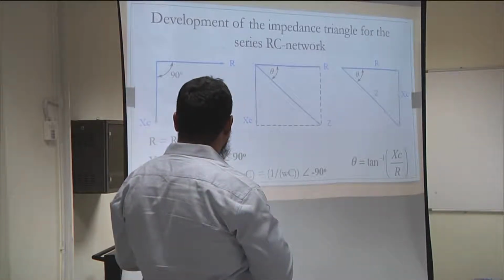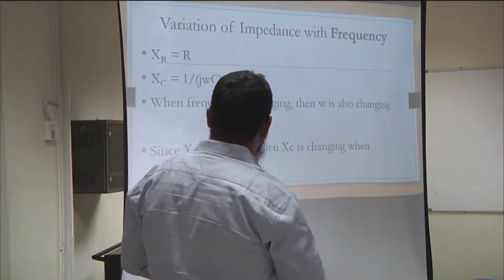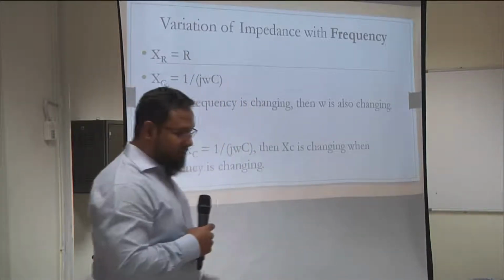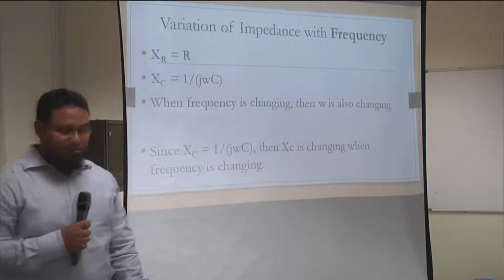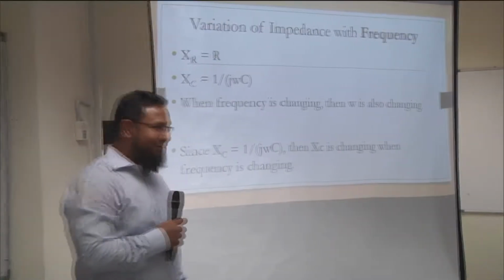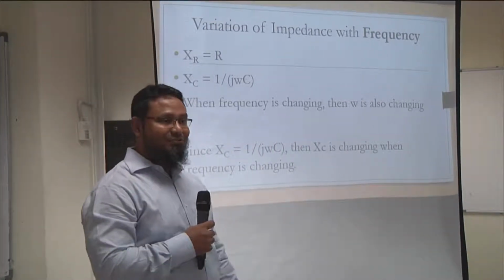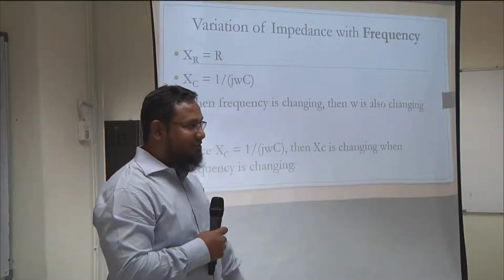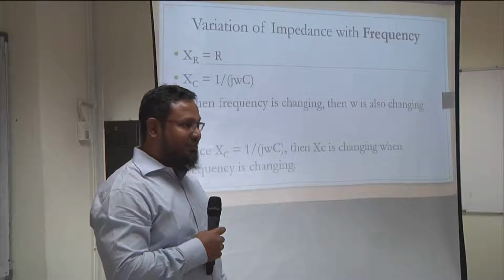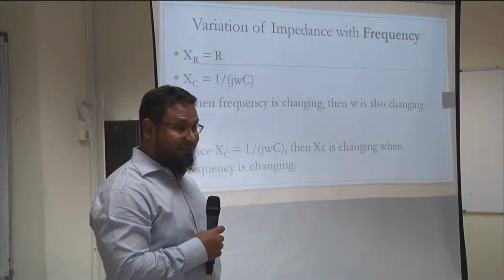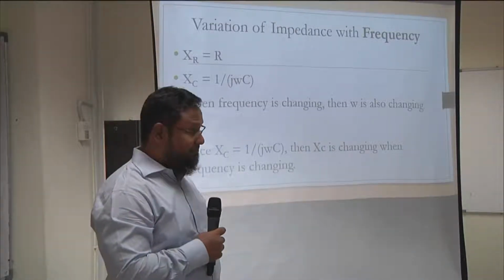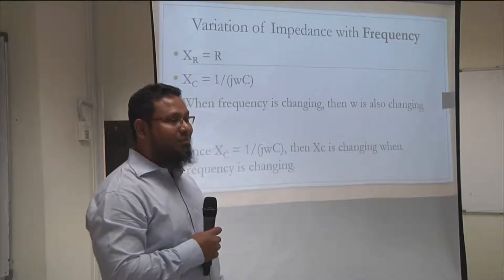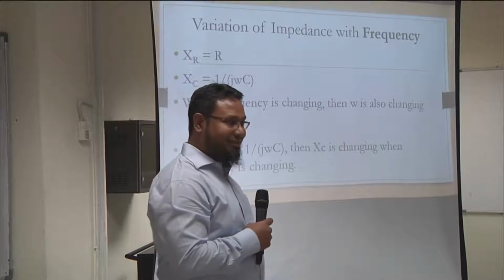Okay, what else do we have? Variation of impedance with frequency. If you have noticed by now, the impedance of an inductance and the impedance of a capacitor depend on frequency. For example, the impedance of an inductance is j omega L. So L is fixed, j is fixed, but omega may change.